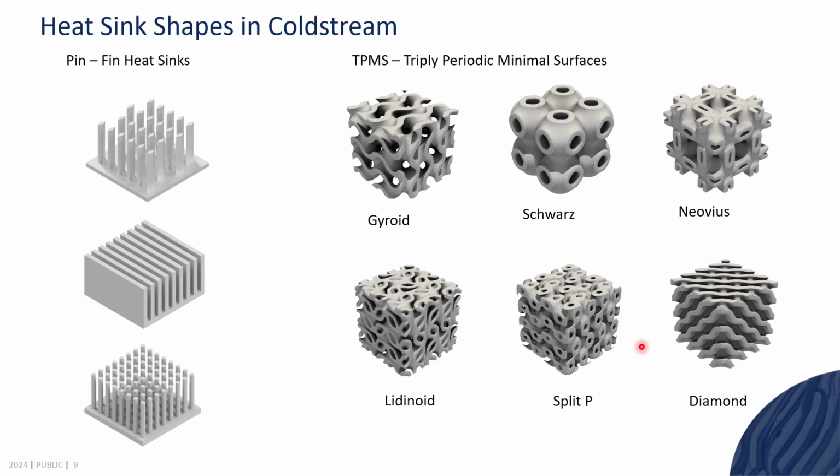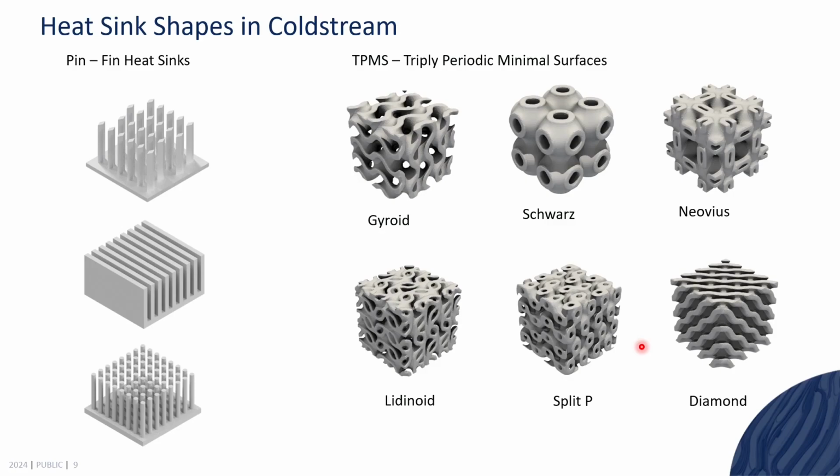These 6 different TPMS shapes are gyroid, schwarz, neovius, lidinoid, split P, and diamond. With these shapes, we can also account for the additive manufacturing process design. The reason is that the shapes are self-supporting.